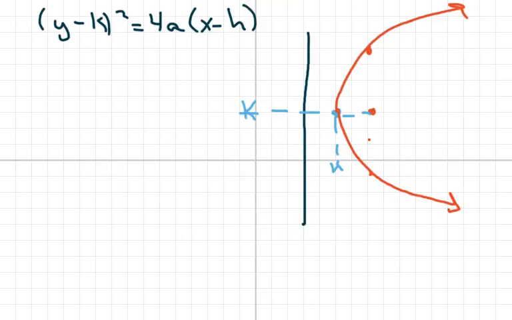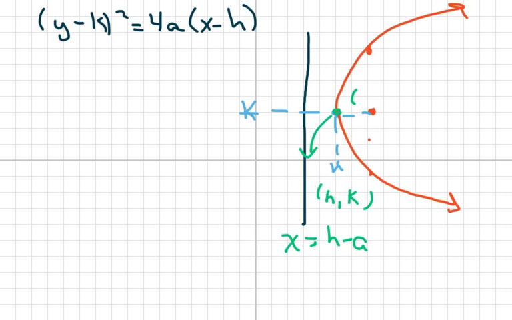So here's the graph. I have a new center, H, K, right here. So your center here is H, K. Your directrix is going to be x equals H minus A, because we're starting now at the x, so we're going back A. The focus is A to the right here.